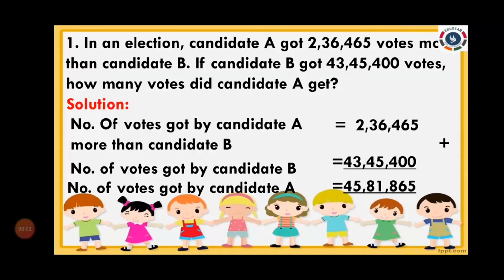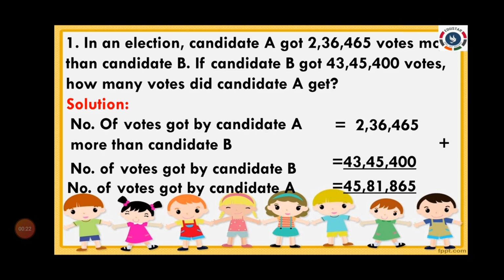Let's move on. In an election, candidate A got 2,36,465 votes more than candidate B. If candidate B got 43,45,400 votes, how many votes did candidate A get?